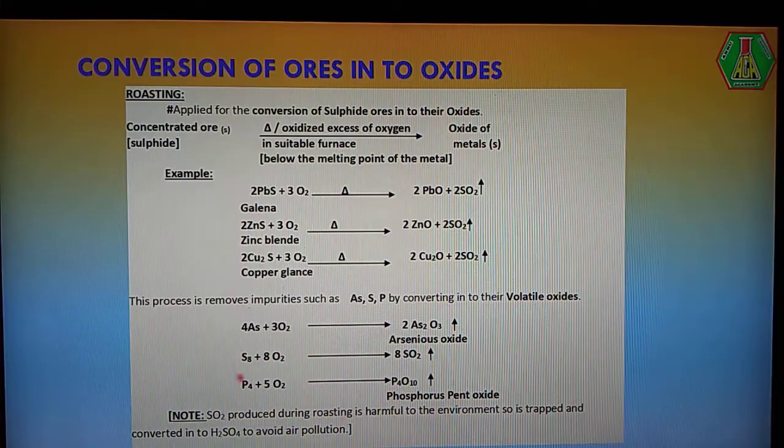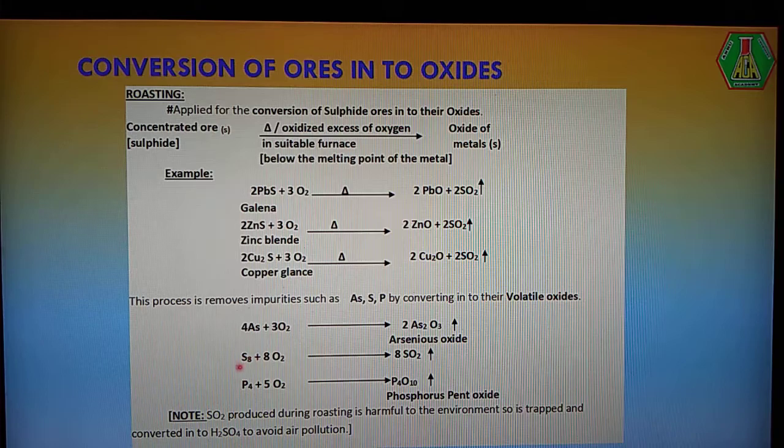Just see the formulas. I mean, sulfur has the suffix 8, isn't it? We all know the atomicity of sulfur is 8. That's why this is called molecular sulfur. Already we know that, or it may be obtained from the earth's crust naturally. That's why sulfur is present in molecular form.